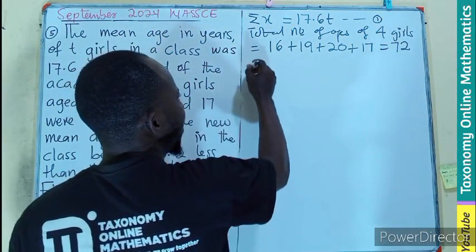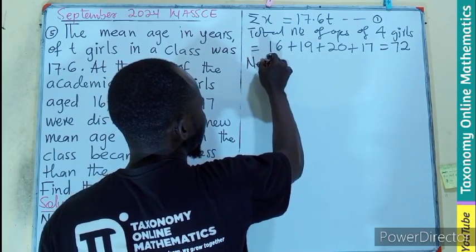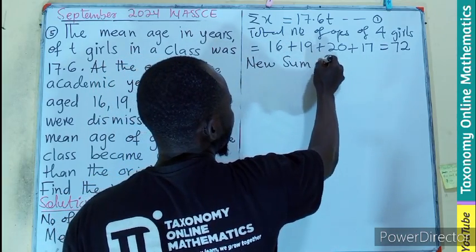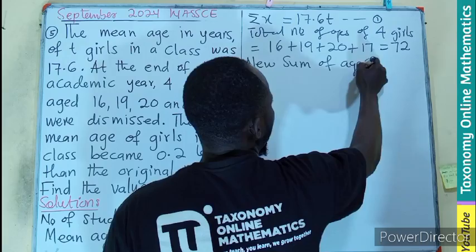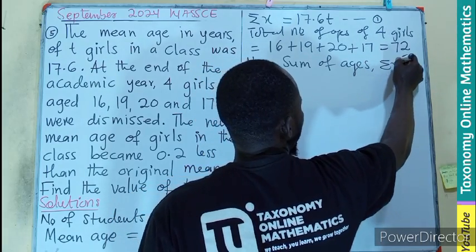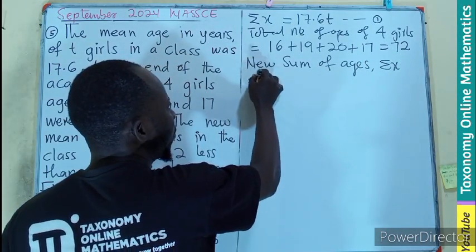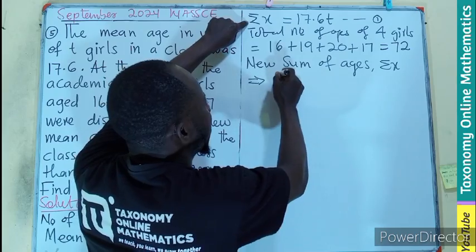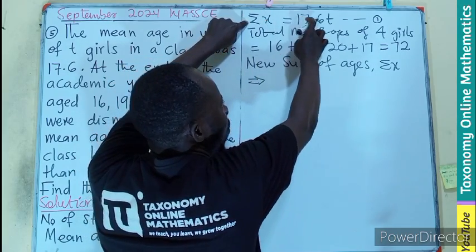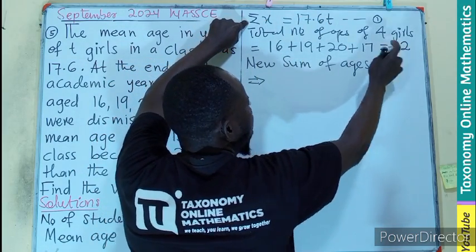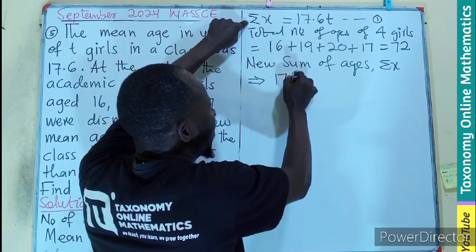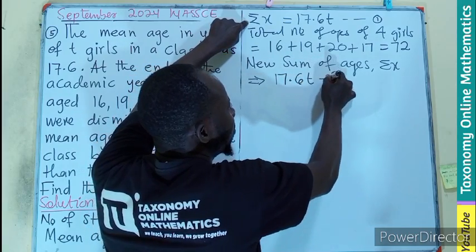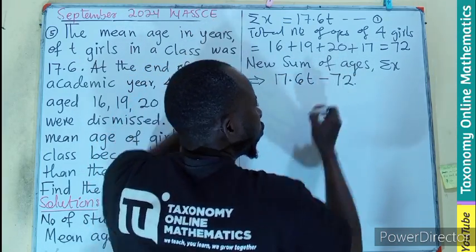So we can say that the new sum of ages, which we can still use this one, will become the whole of this minus what? That will be 17.6 T minus 72.